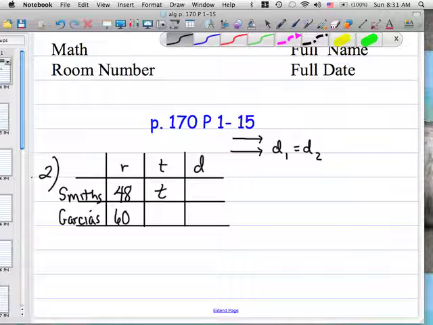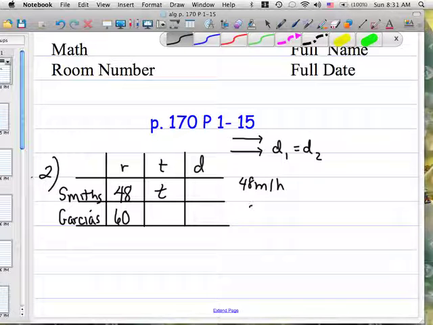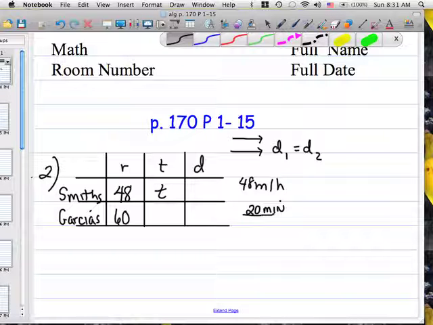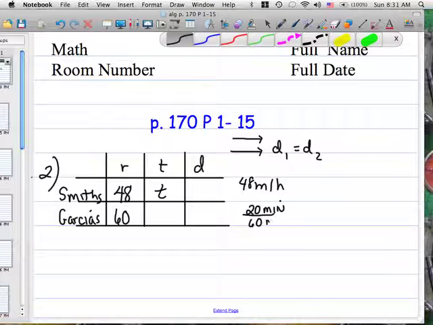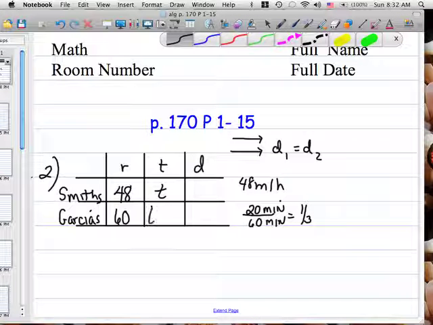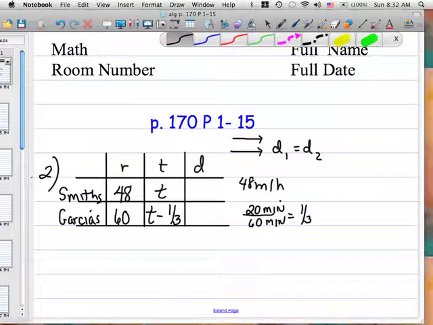Now remember, the rate was given in terms of miles per hour, so you have to take that 20 minutes and convert it into a part of an hour. So 20 divided by 60, that's 1/3 of an hour. So their total time is t minus 1/3 of an hour.